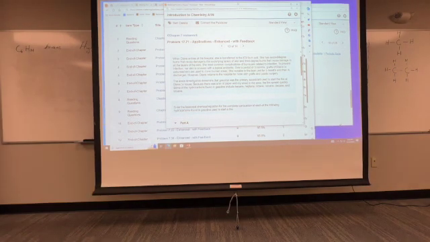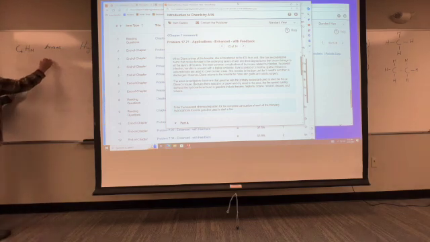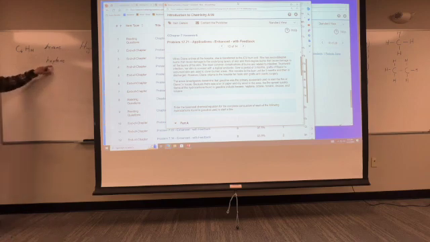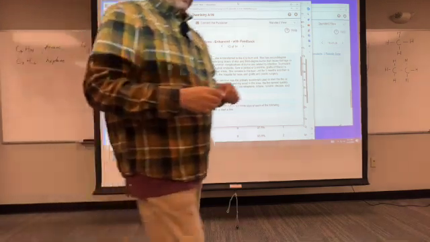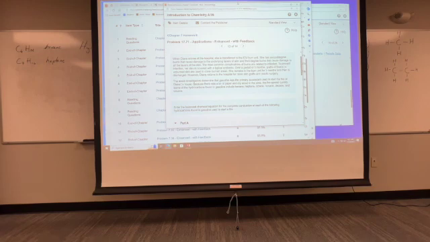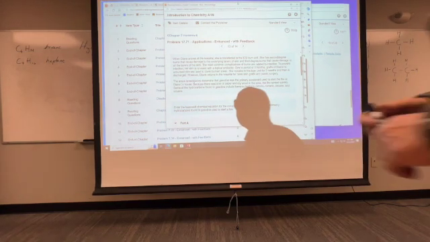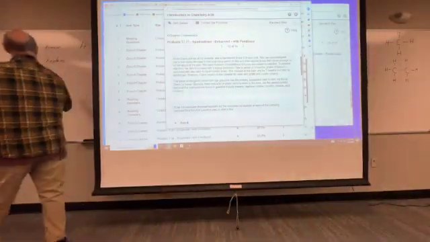So the next one is heptane. Hept means 7. I just happen to know that. So what's going to be the formula? C7 what? H16. Absolutely. Yes. 7 times 2 plus 2. Octane.